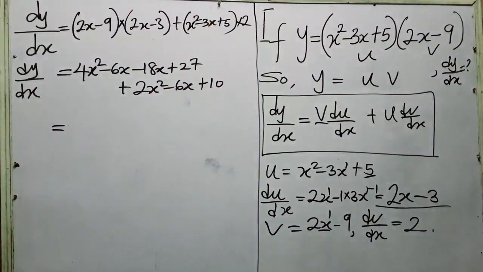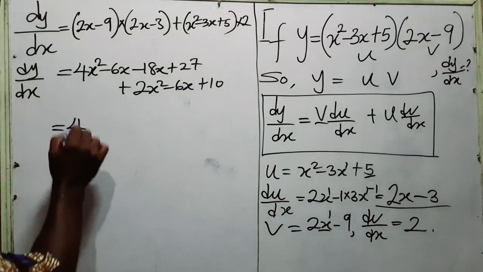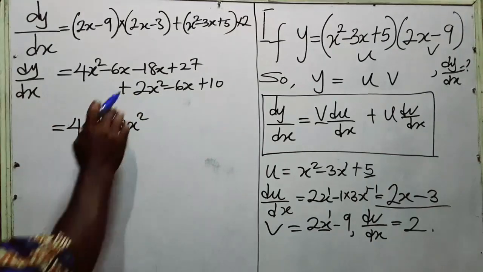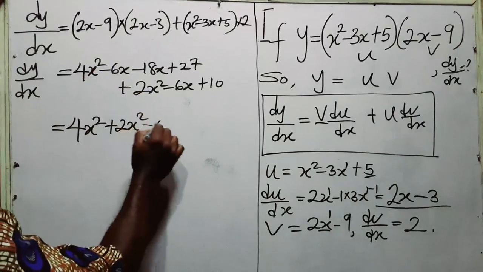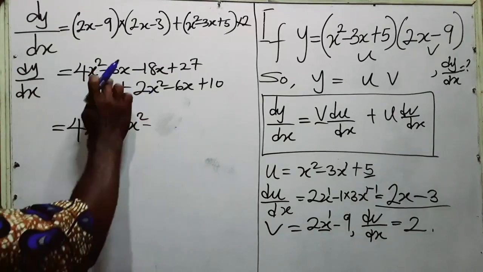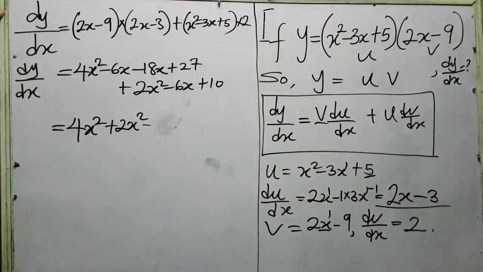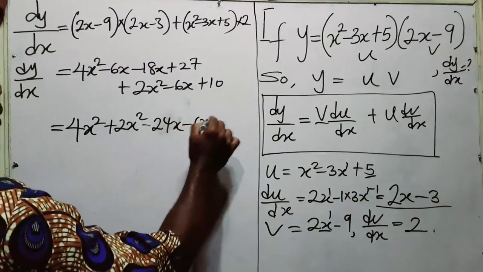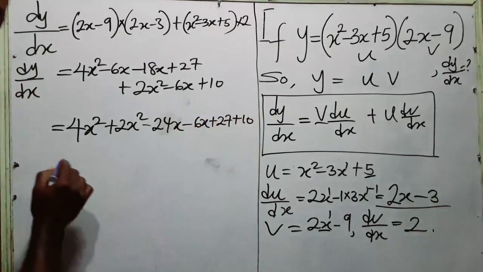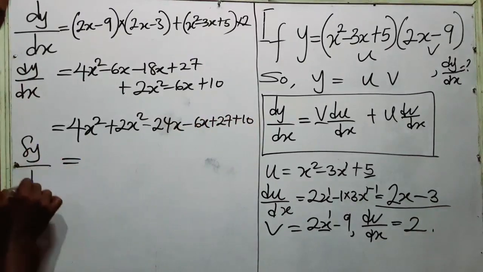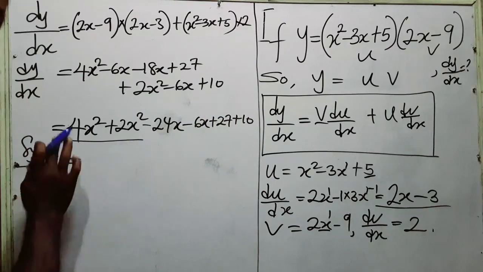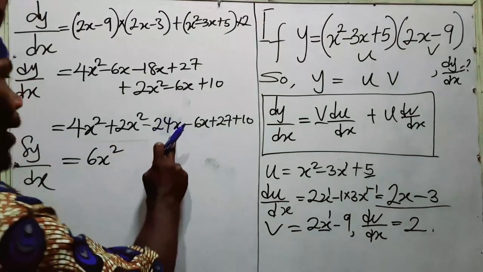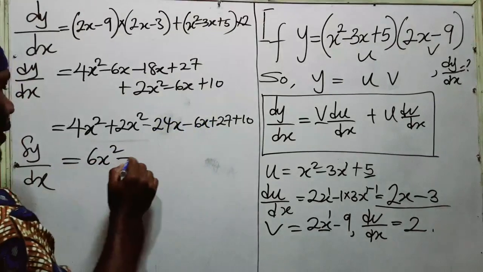So let's try to collect the like terms. What are the like terms? We have 4x squared plus 2x squared, which gives 6x squared. Now, minus 6x minus 18x minus 6x will give us minus 30x.